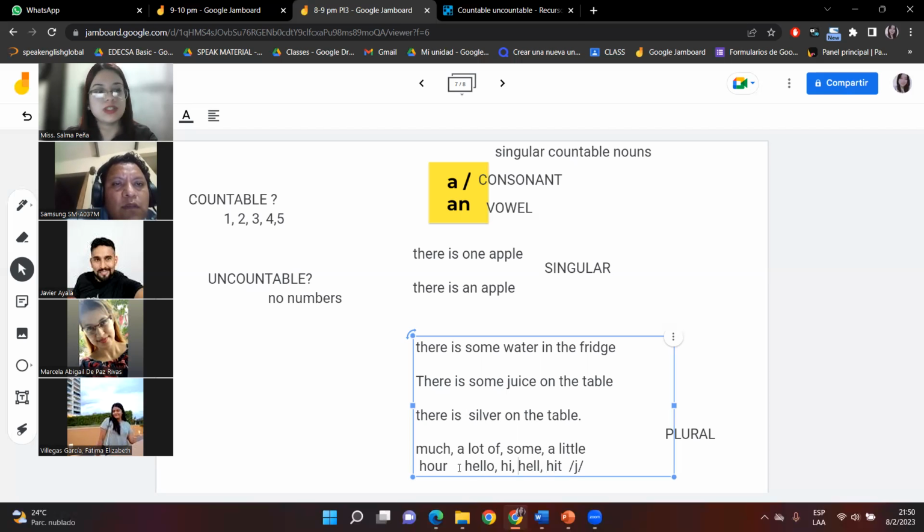Ya no tenemos ese sonido. So we have a vowel sound, tenemos un sonido de vocal. Ahí lo que nos suena es la O, hour. That's why you say an hour and not a hour, because it's too difficult to pronounce. Just in this case, you remove the letter H. You join the an hour, an hour.